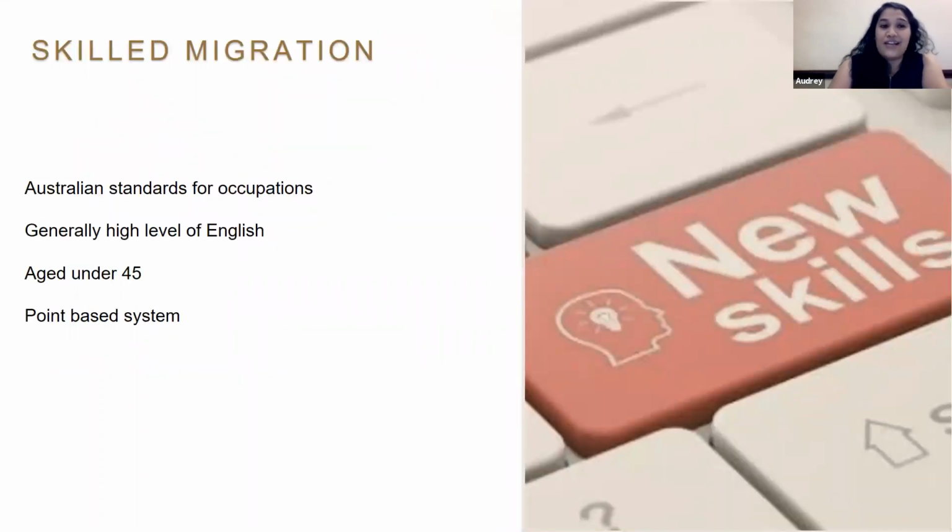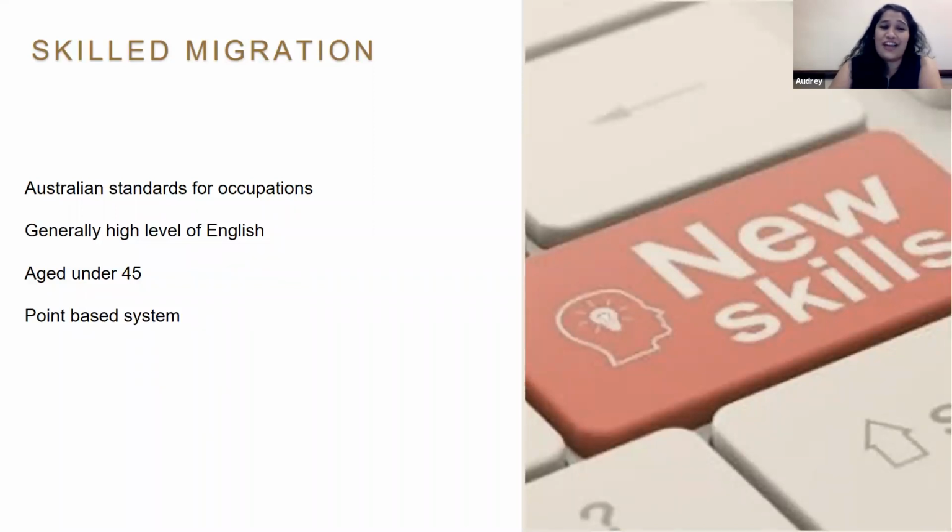What are the basic requirements for skilled migration to Australia? First, you need to have an occupation that is in demand. Then you need to have an English test, generally a high level of English. The immigration website speaks about competent English, which is band 6 or PTE 50. But I don't go by 6, I always feel that's just not going to work.